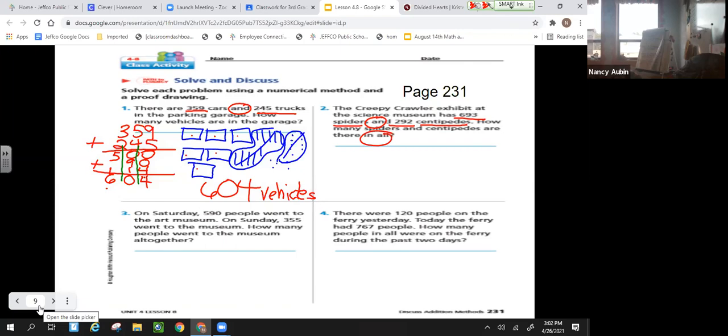Add. Are you ready? You're gonna walk me through this, Lucas. 693, write small, plus 292. What am I gonna do first for show all totals? What did we do over here? Just look at what we did in our first one. We add the what first?